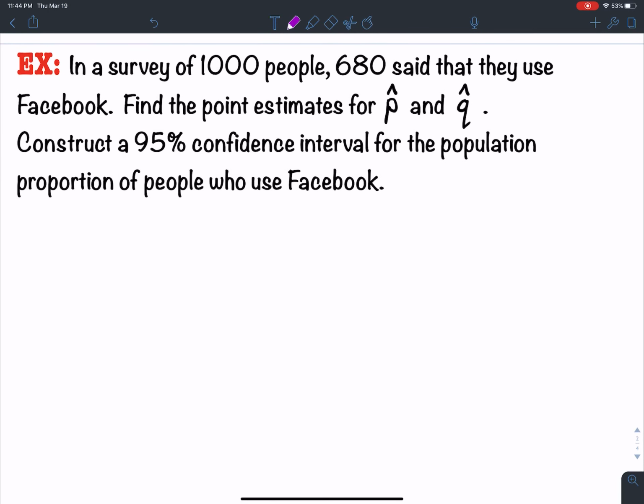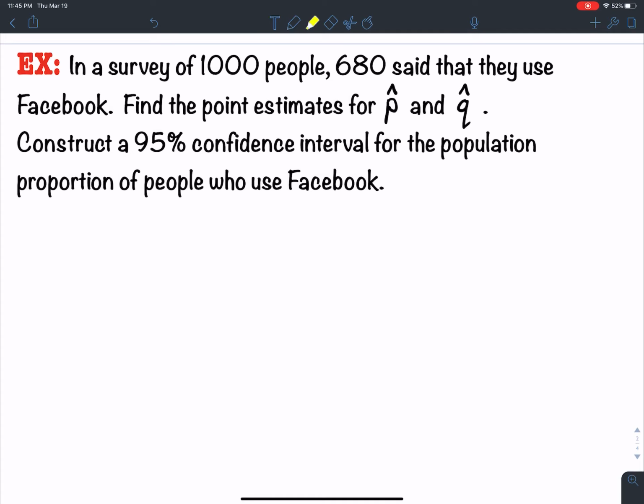In a survey of 1,000 people, 680 say that they use Facebook. Find the point estimate for P hat and Q hat. Construct a 95% confidence interval for the population proportion of people who use Facebook. Okay, so let's do it.